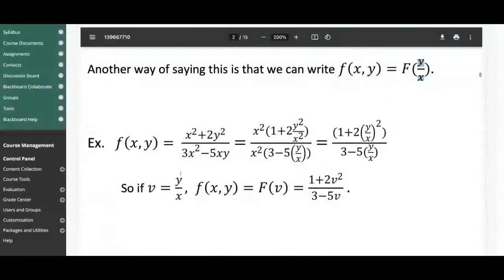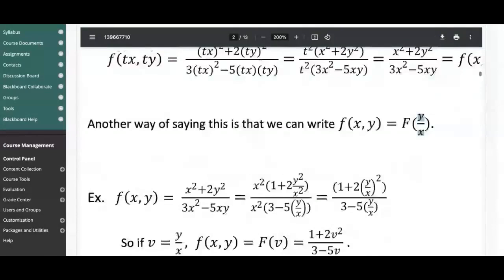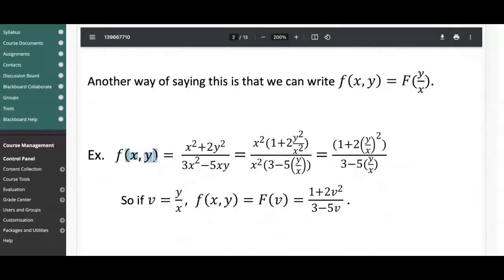Let's see an example. The same example, yes. So x squared plus 2y squared, because we can rewrite this, right? We can factor out x squared, rewriting x squared inside the parentheses as 1.